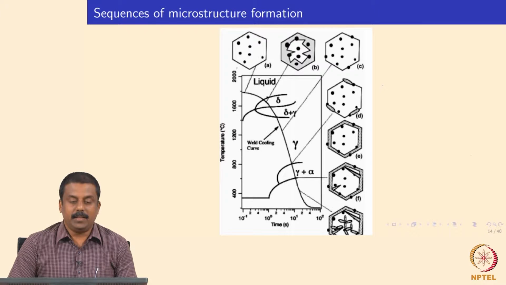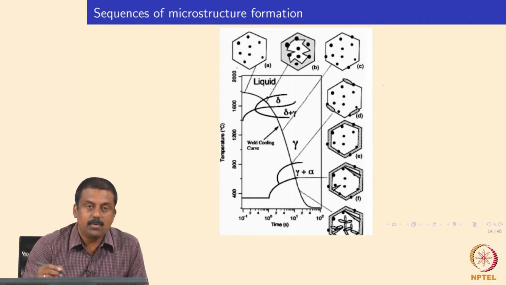So we are looking at the effect of the alloying elements, particularly silicon and aluminum, on the evolution of microstructures. If you look at the sequence of microstructural formation in steels, the first reaction you would expect to see, even much before solidification starts, is inclusion formation.